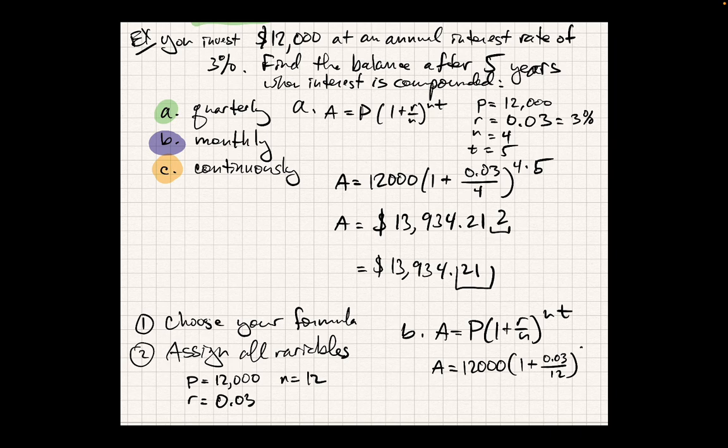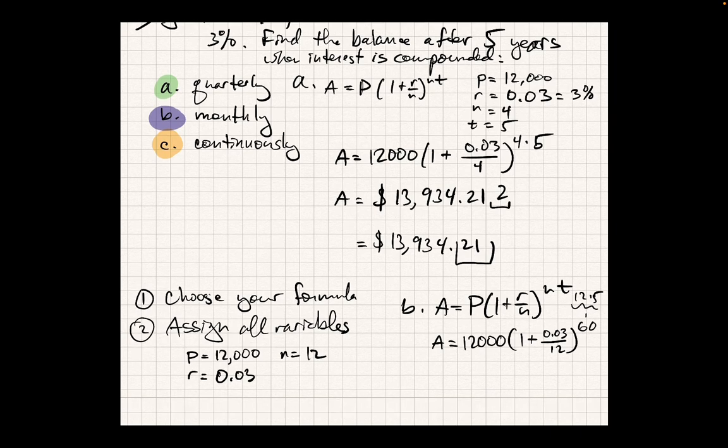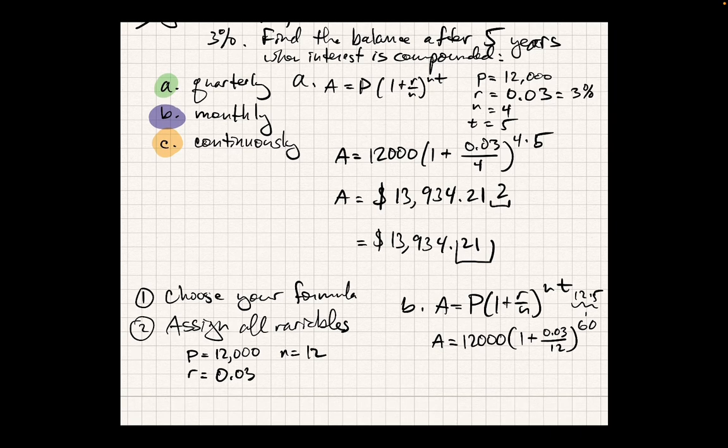If you wanna go ahead and write 60, at this stage you can. But if you wanna write 12 times 5, that's also fine. So you're ready to plug it in. Amelia, let me have your answer when you get it.